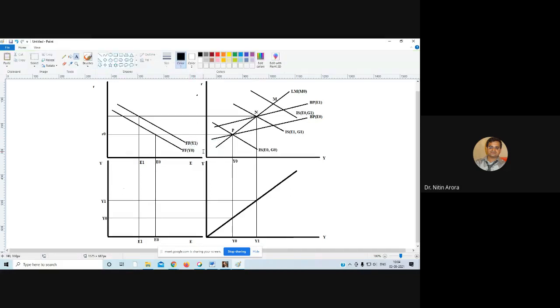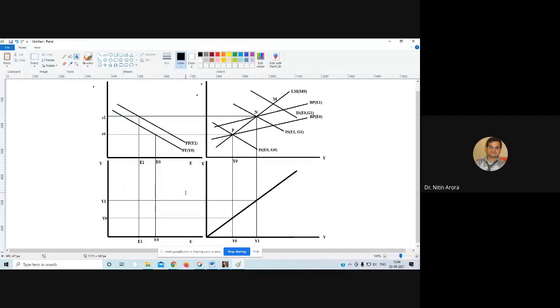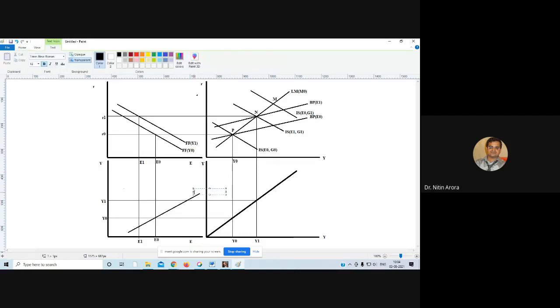Okay. Since the new interest rate is higher, some surplus is generated in the capital account. If I draw the net exports curve, it will be moving from this point. Okay, this is my NX equal to 0.